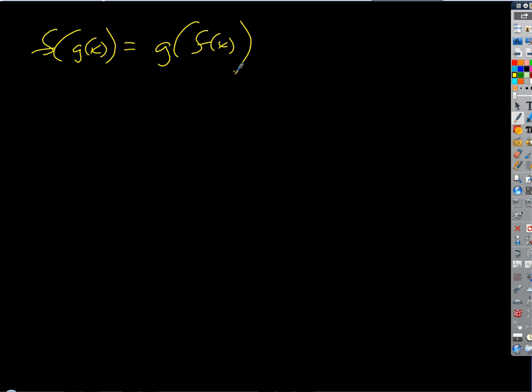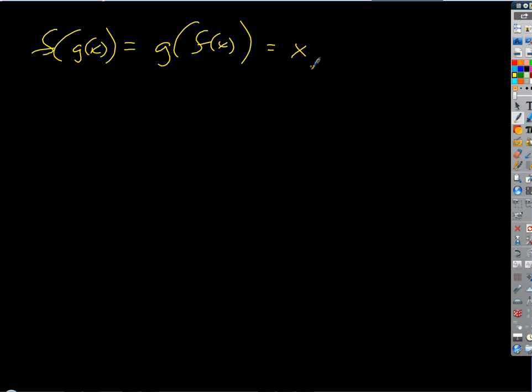They have to undo each other, right? Like, what's the cube root of x cubed? x. So if I create compositions of inverse functions, either f of g or g of f, they both have to undo each other.